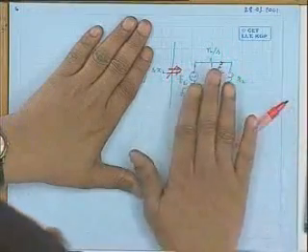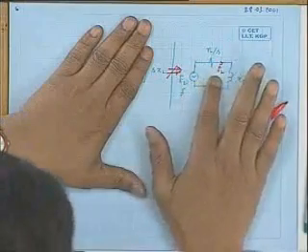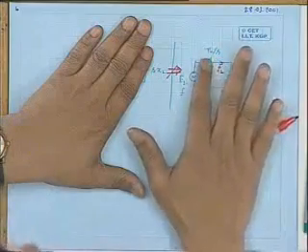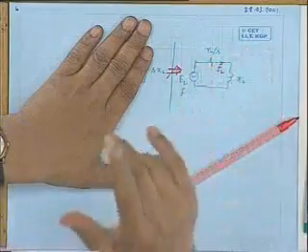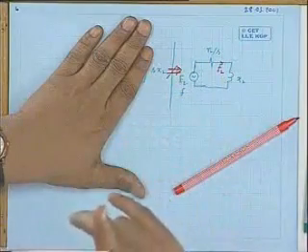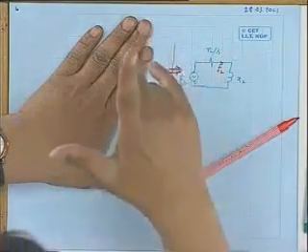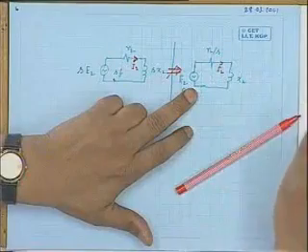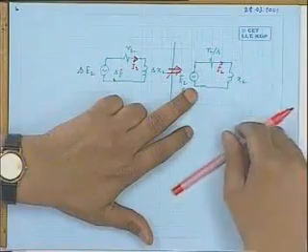Now, once I have gone to this imagined conceptual machine where I think of the rotor as stationary, this I2 square into R2 by S will give you what? The total power, including the rotor resistance loss per phase and the mechanical power. Because I have brought the rotor to standstill, the resistance value is increased in order to take care of that mechanical power.